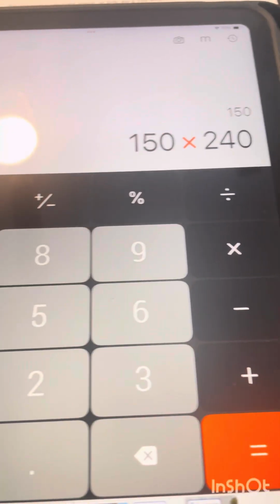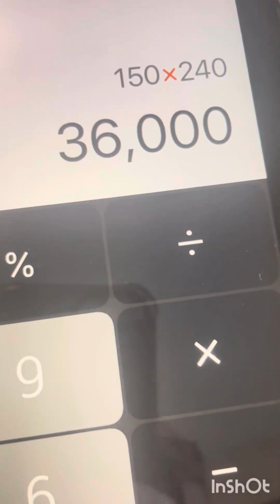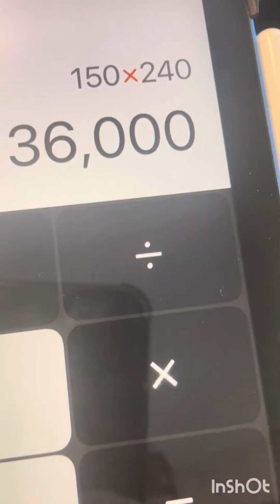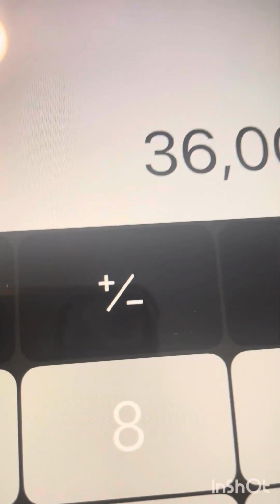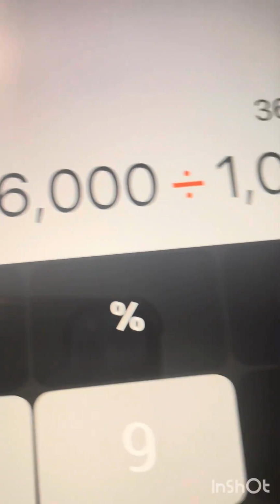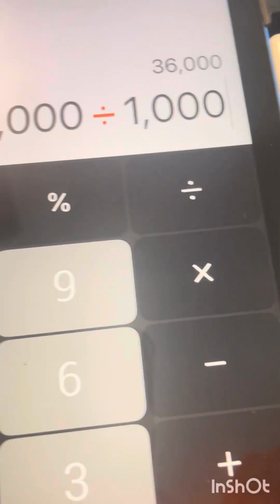So you multiply that times 240. That gives you 36,000. Then you're going to take that and you're going to divide it by 1,000. Remember, 1 kVA equals 1,000 volt amps. So we got the volt amps. You divide it by 1,000. That gives you 36 kVA.